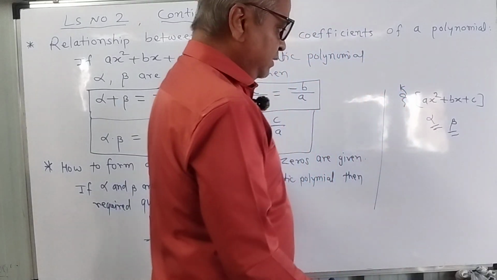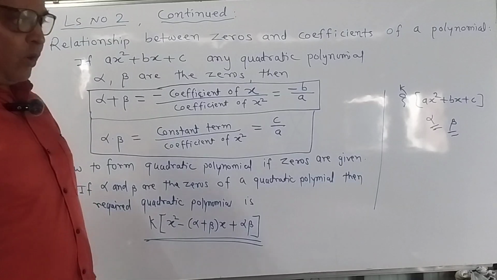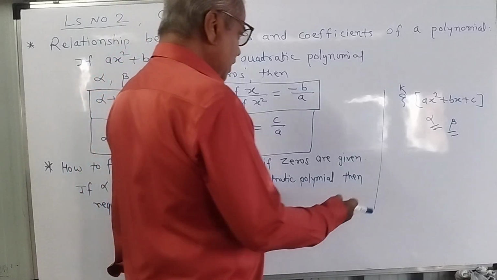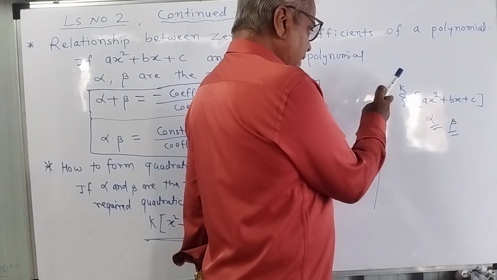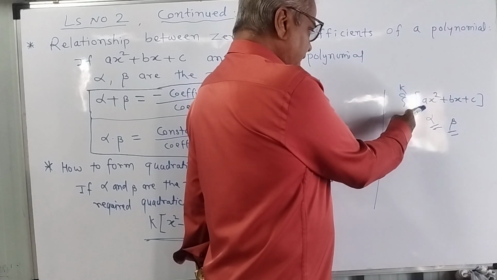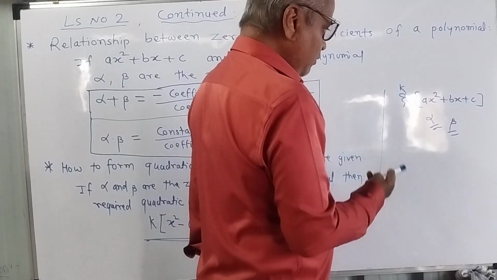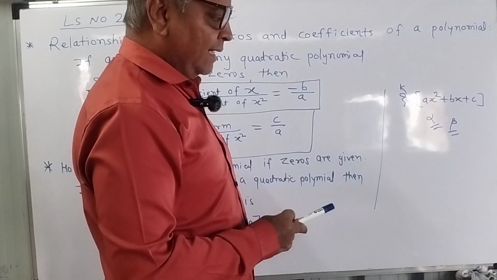So if the zeros are given, there are infinite quadratic polynomials which can be multiples of this polynomial. If we multiply any quadratic polynomial by any real number, we will get a new quadratic polynomial, but the zeros of the quadratic polynomial are the same.